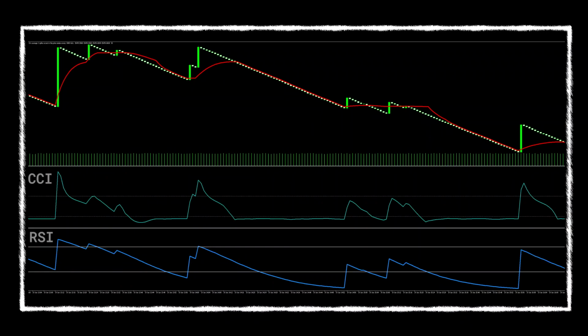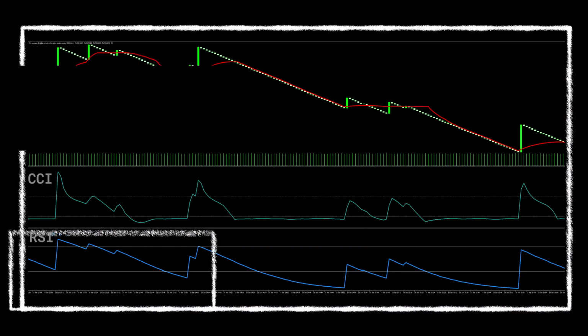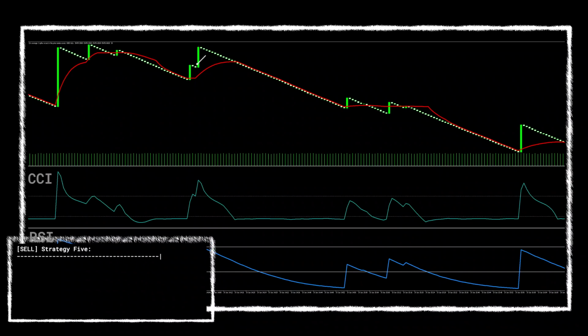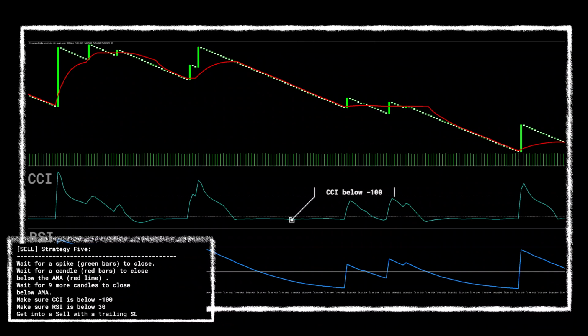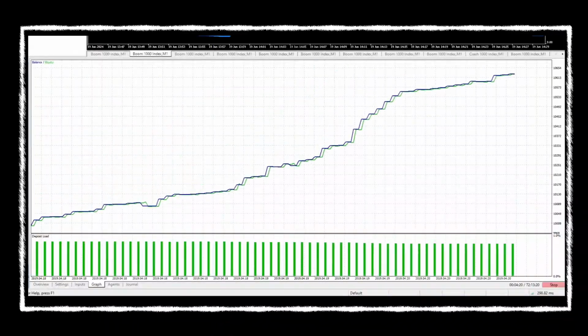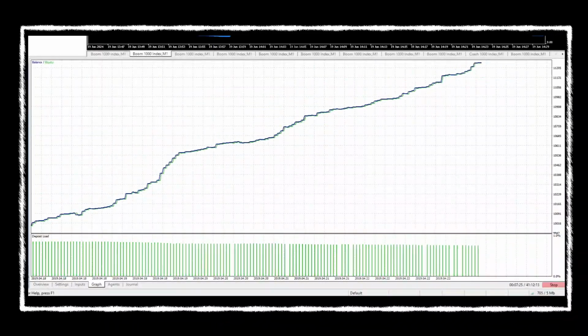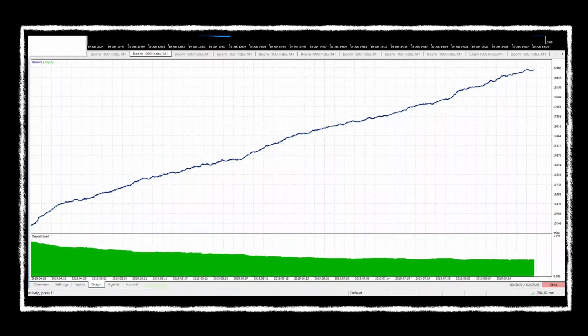To incorporate the RSI into our current strategy, we'll need to use the below 30 level. The reverse sell strategy then becomes: wait for 10 consecutively falling AMA values, make sure the 10th candle is below the AMA at that point, make sure the CCI is below negative 100, make sure the RSI is below 30, and if all these conditions are met, place a sell trade with the SL being X points away.